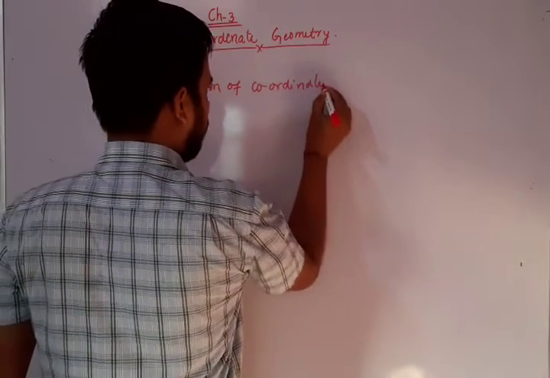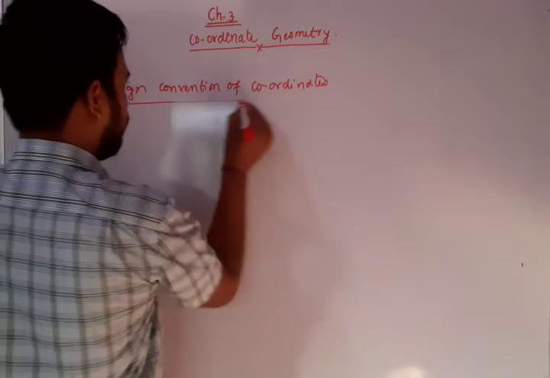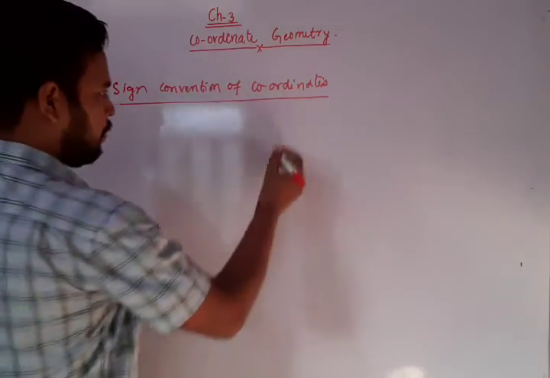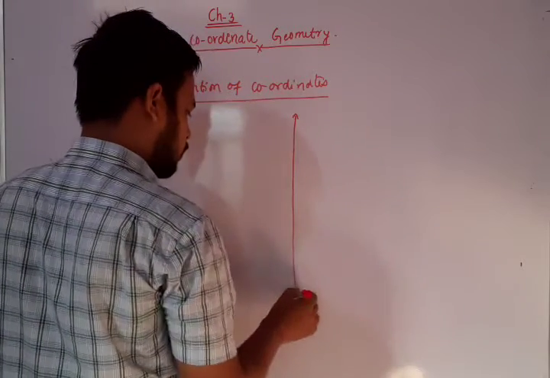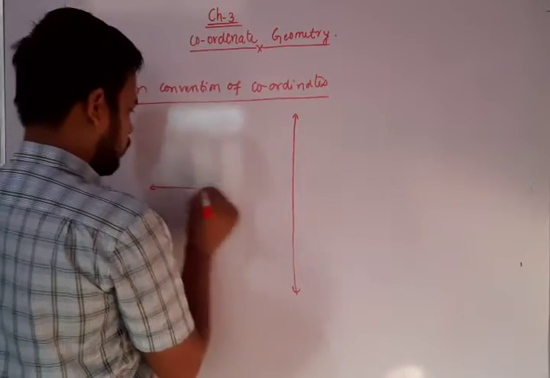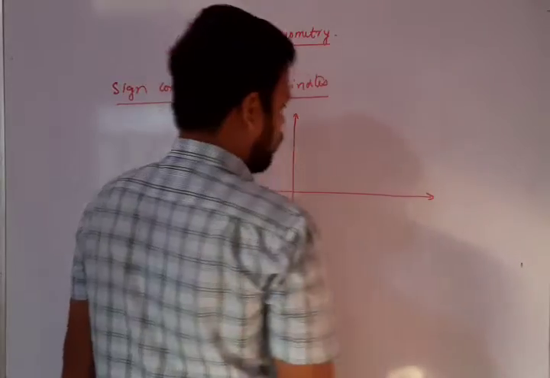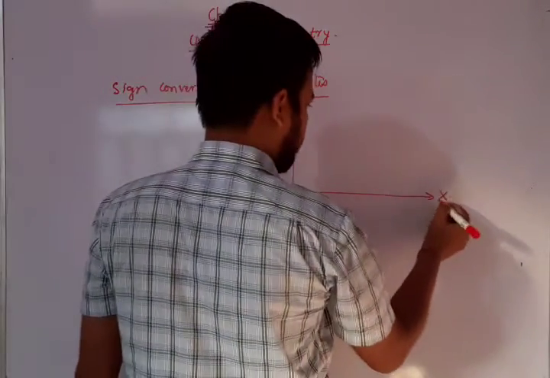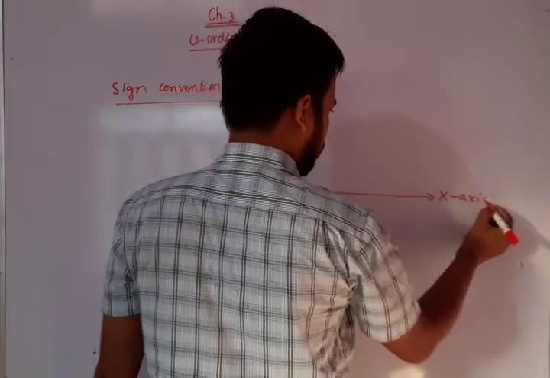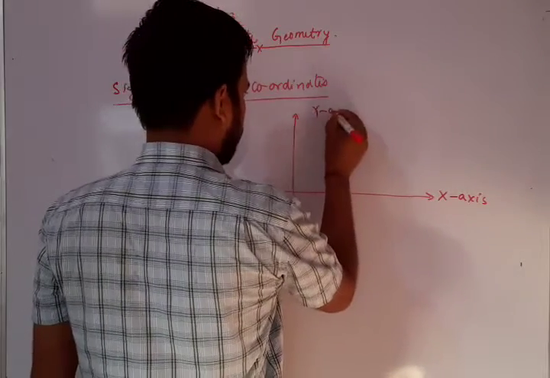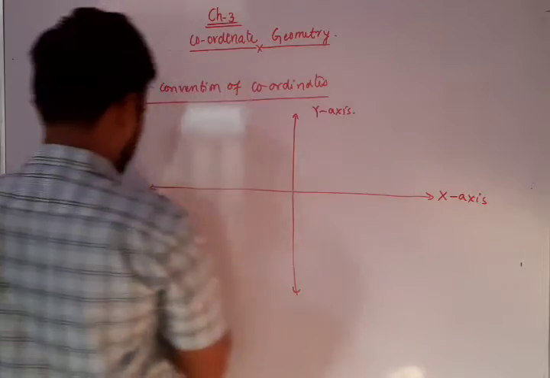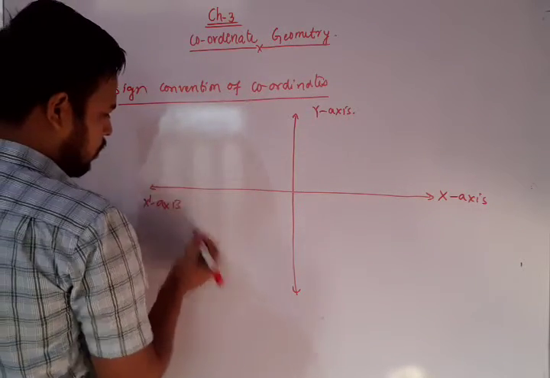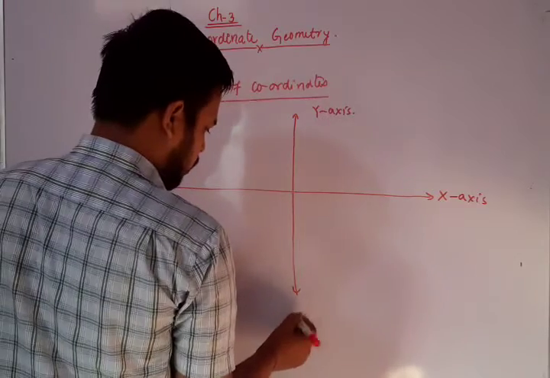We have different coordinates. We will see the sign convention of coordinates. Now you see, this is our Cartesian plane: x axis, y axis, x axis, y axis.